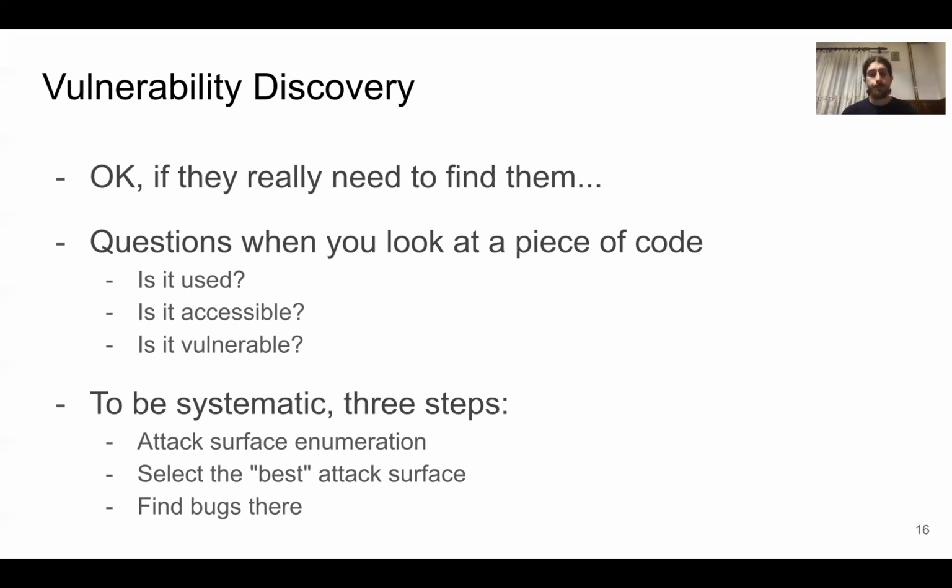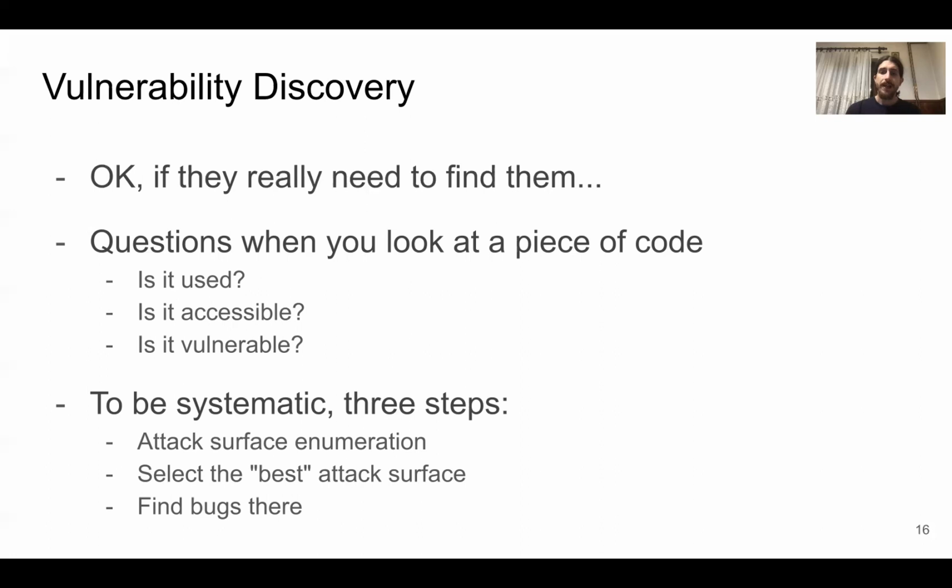If you are a local attacker, then maybe checking the code that handles the USB interaction doesn't make any sense, because for the kind of assumptions that you have in mind, which is a local attacker, the USB code will never be triggered. It is used because there is, of course, a scenario where it's used, like when I plug my USB cable in. But in terms of a local attacker, it will never be used. So the second question is very important.